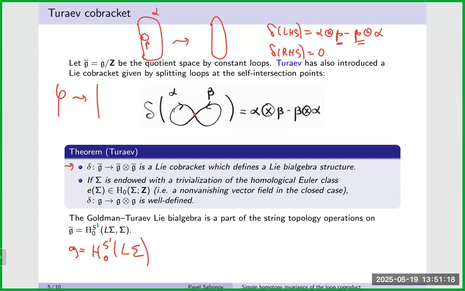And then this G bar is relative homology of the loop space. These loop products and coproducts descend to these operations, which give the Goldman-Turaev Lie bialgebra, in this case of surfaces. Any other questions here?